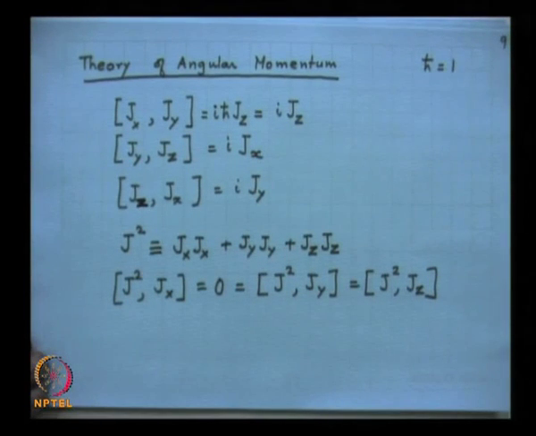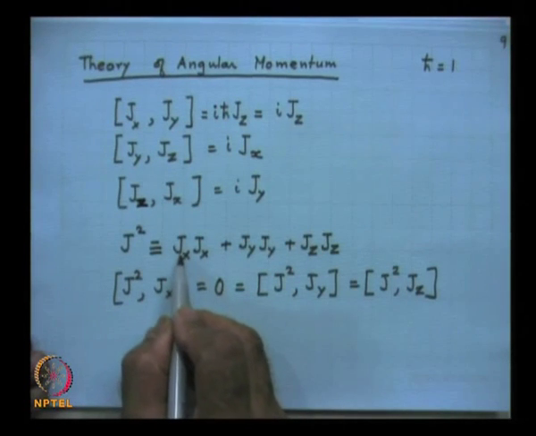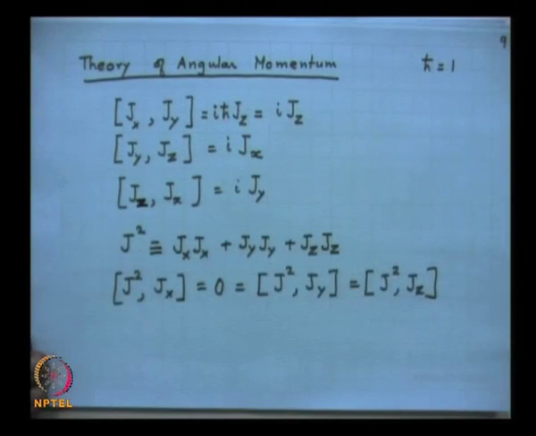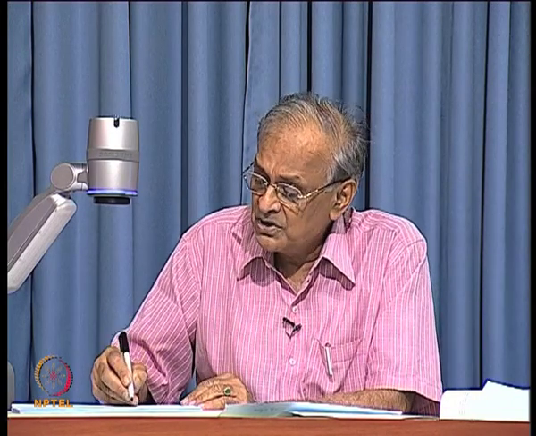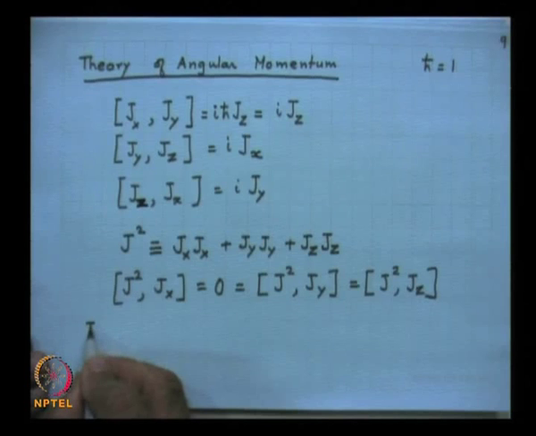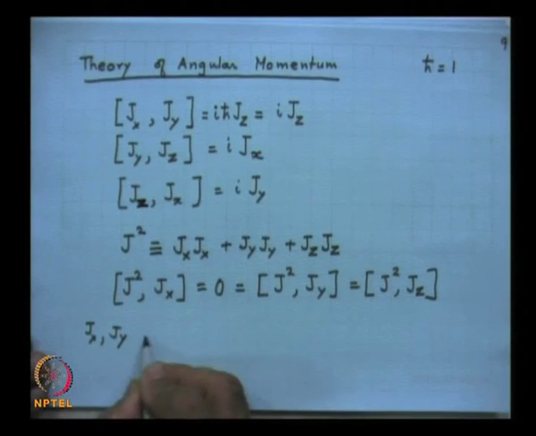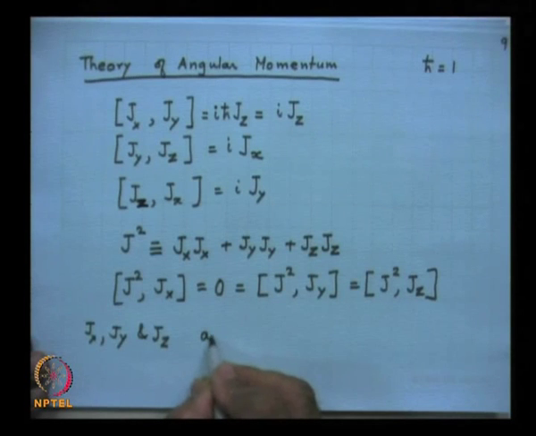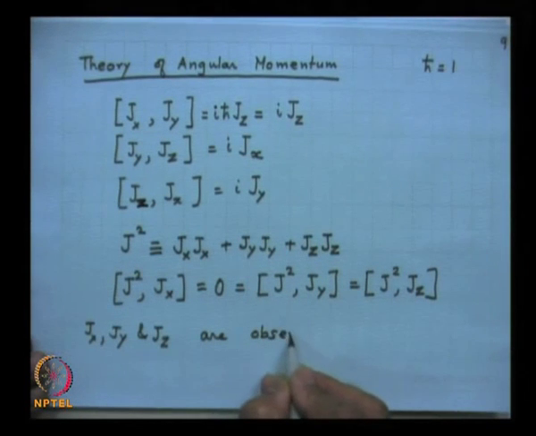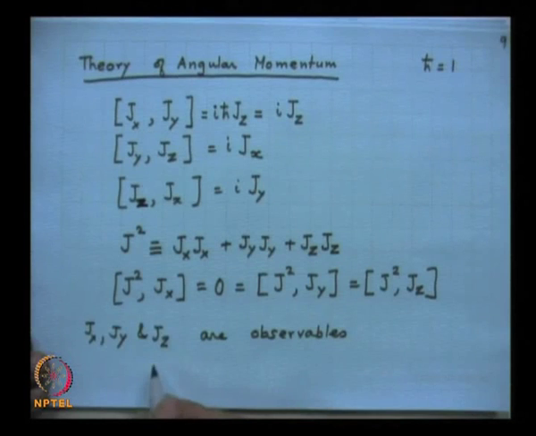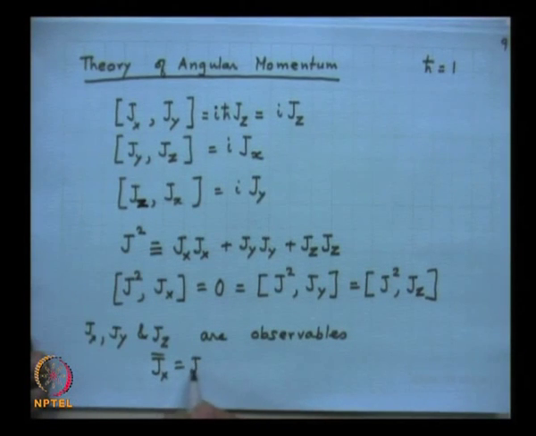Further, since J x represents the x component of the angular momentum, it is an observable. So, therefore, it must be represented by a Hermitian operator, by a real operator. Therefore, because J x, J y and J z are observables, J x bar is equal to J x, that is, they are all real operators.